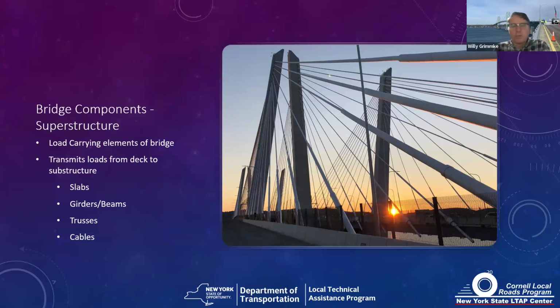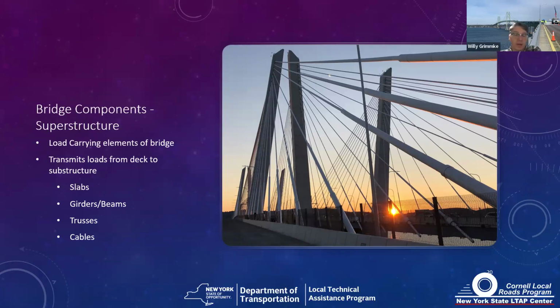Then we get into superstructure components, and these are the load carrying elements of the bridge. This is what transmits the load from the deck to the substructure. And it may be as simple as a reinforced concrete slab that spans the opening.